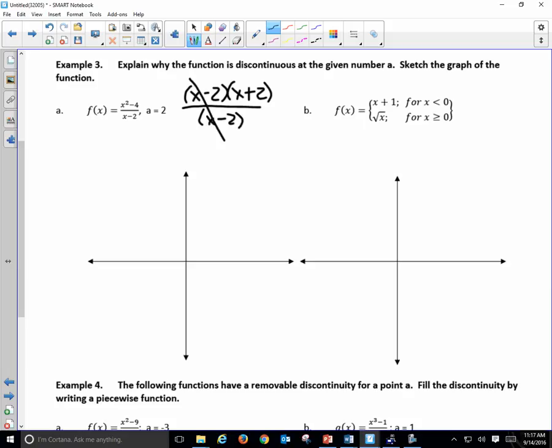It wants to look like x plus 2, but it doesn't look exactly the same. Why not? It's undefined at 2, exactly. So if I were to draw this graph, it's undefined at 2, meaning it has an open circle right there, right?